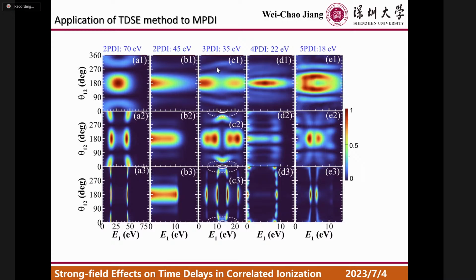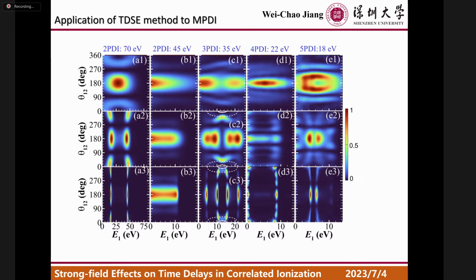One exception is for 3-photon double ionization. In this case, even for the longest pulse, if the two electrons are ejected into exactly the same direction, we can't clearly identify the sequential peaks.